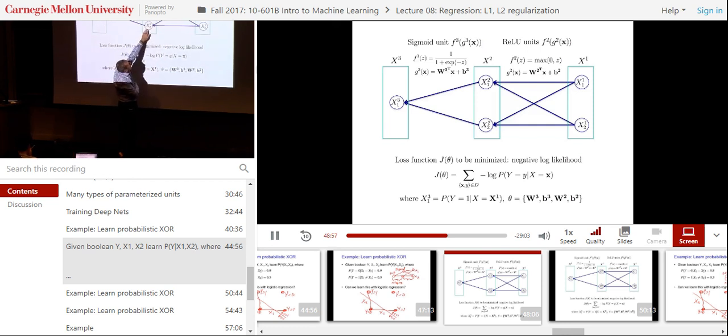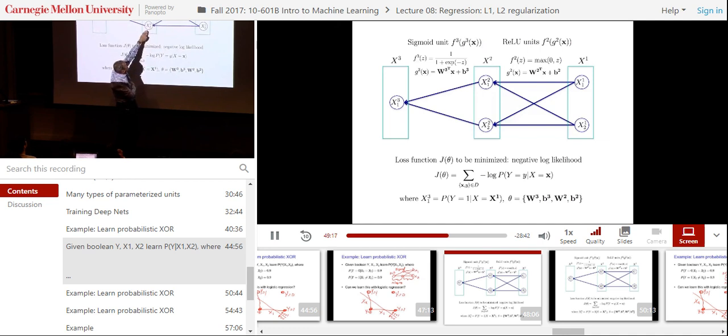These I'm going to make rectilinear ReLU units, which again have the property that the output of each, so there are 2 units, this one depends on both inputs and the other one also depends on both inputs.